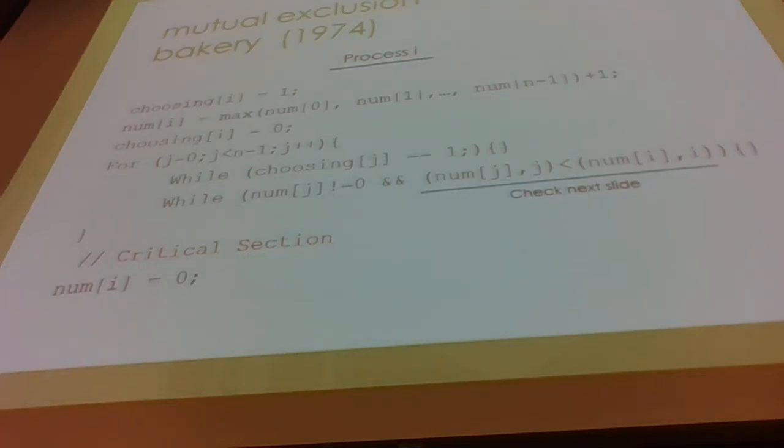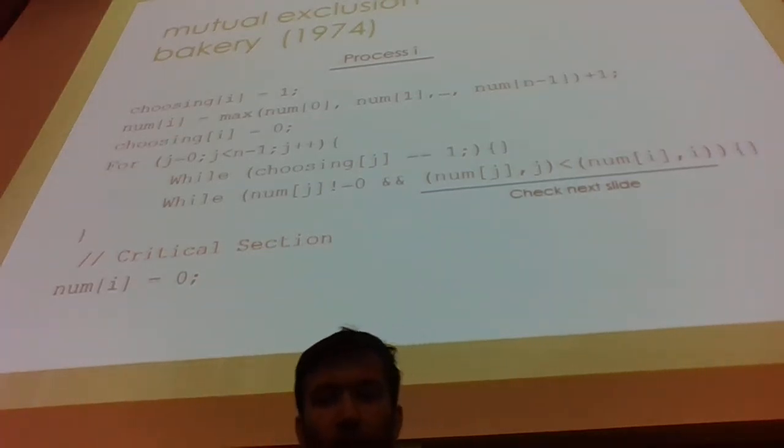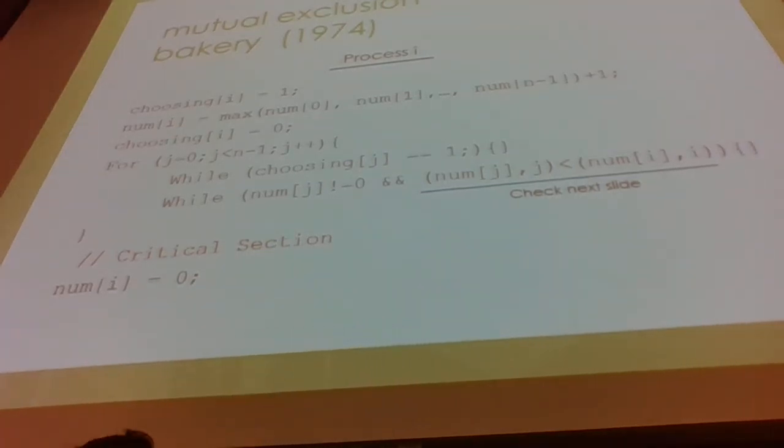So the basic idea in Lamport's Bakery algorithm is that any process that tries to execute the critical section has to first ask for a token, and that token is asked for in the second line. The second line of code is asking for a token.